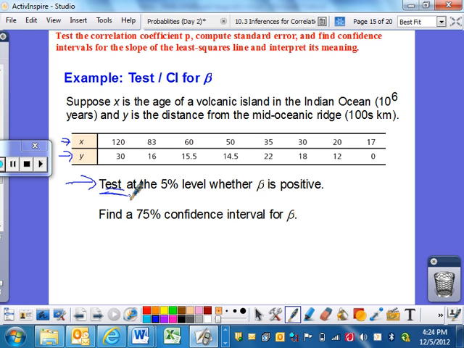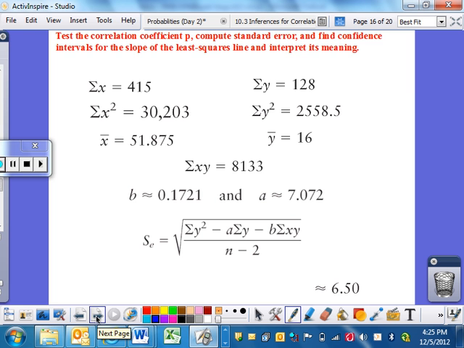If you see a test, I need a t-score and I need a p-value and all that stuff, at the 5% level, if beta is positive. So if I'm going to test whether beta is positive, that's hinting that my alternate hypothesis is going to be greater than 0. So here is all the information you need to grab out of your calculator.